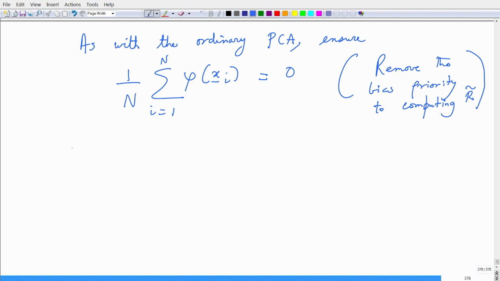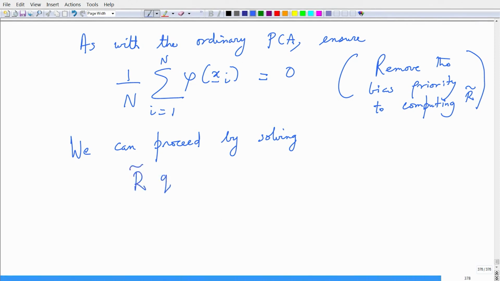So, we can proceed and compute the eigenvalues and eigenvectors over the correlation matrix by solving this eigenvalue equation.